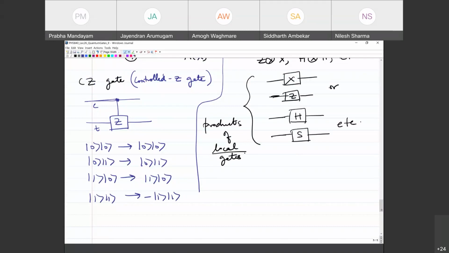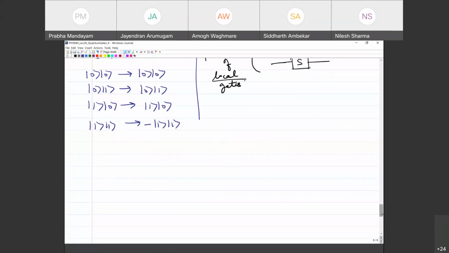So in general, you can think about applying a general controlled U. The notation for this is of the form lambda of U, okay? That's a symbol that people use typically.